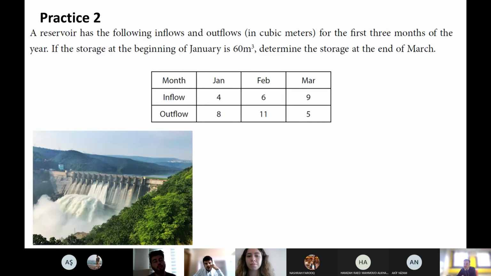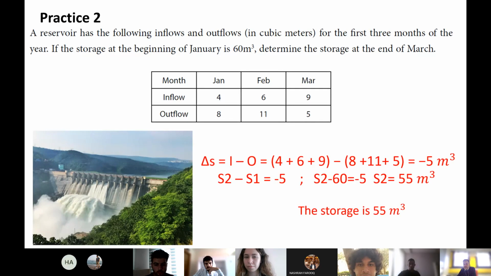This question shows you how we can find the amount of water at different times in our reservoir. The storage will change, yes? The amount of water will change.